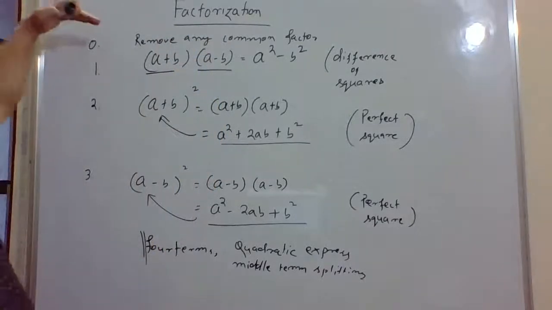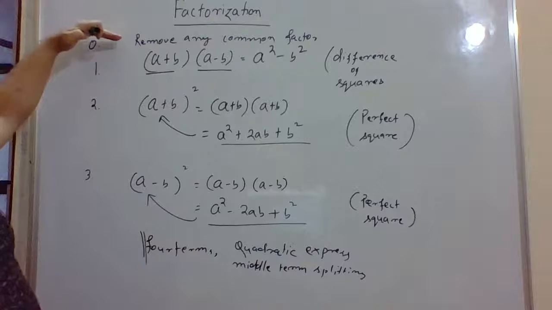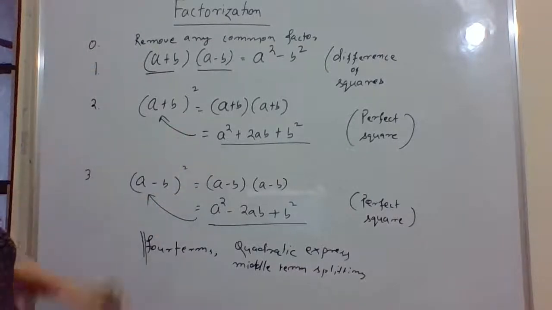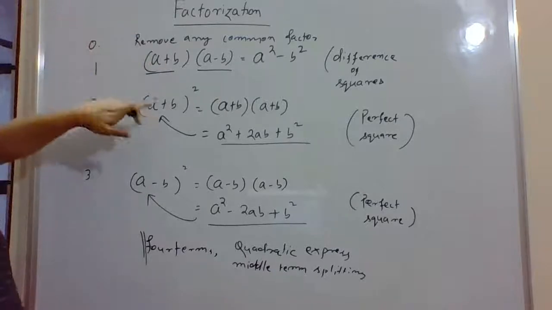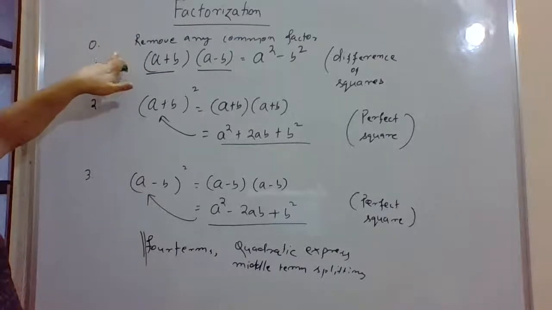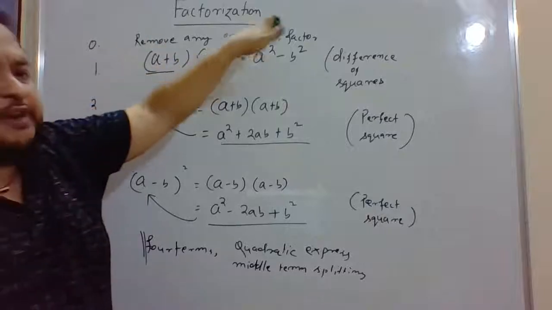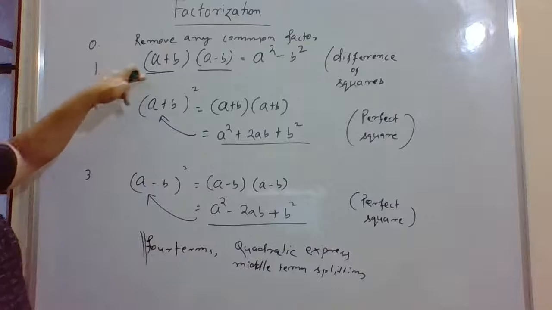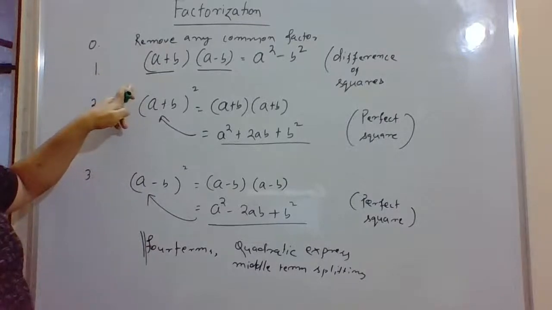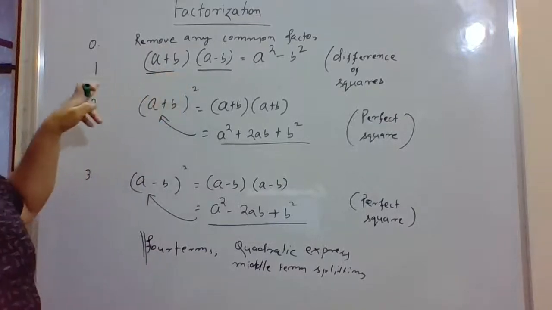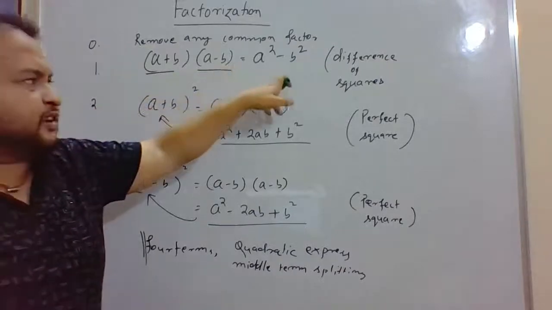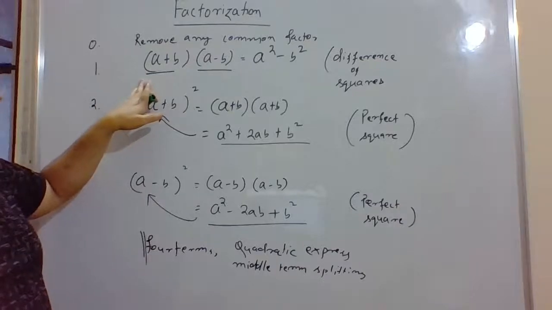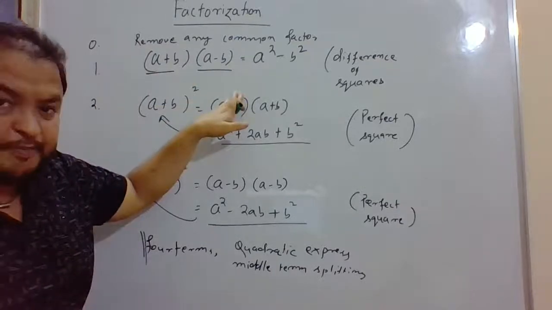If you want your brain to work as an algorithm, then the moment you get a question on factorization in your exam, do this as your first step. Remove any common factor that you find in an expression. And then look for any of these. Look for whether your expression can be expressed as a squared minus b squared, a difference of squares, then we will factorize that as a plus b and a minus b.